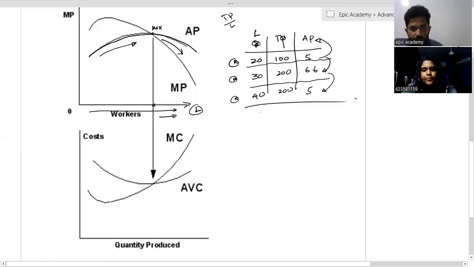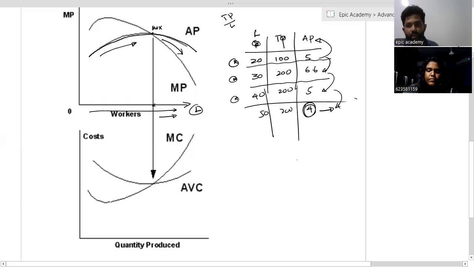Again, he increased the workers to 50 with the same production. Then what happened? 200 divided by 50. One worker produced only 4 commodities. What happened to the average production? It reduced.